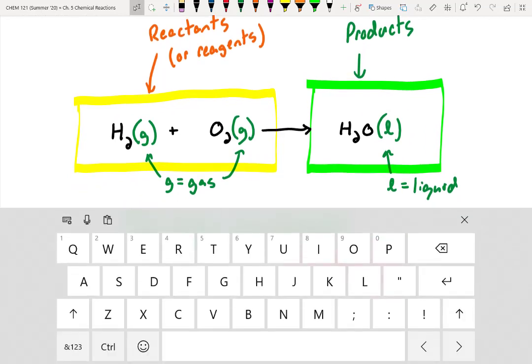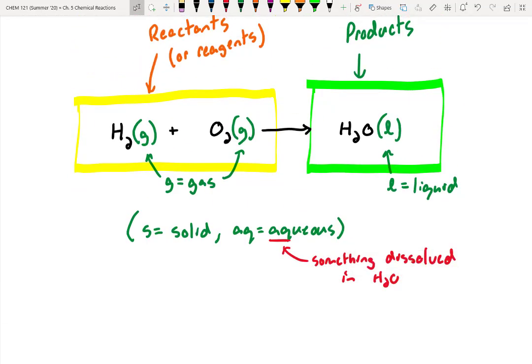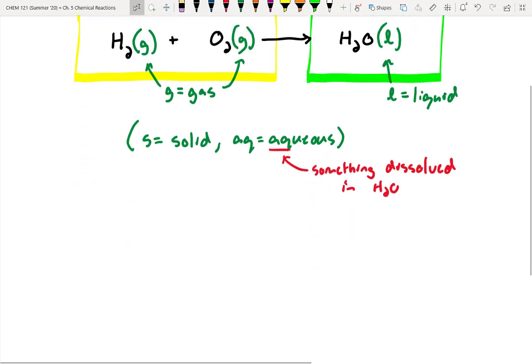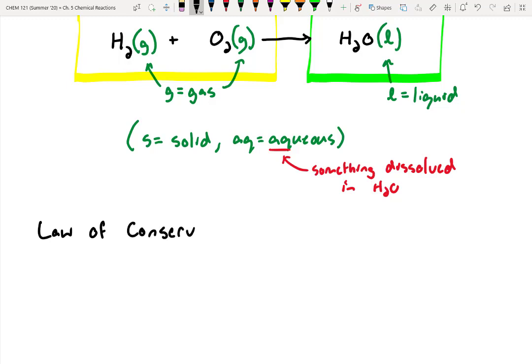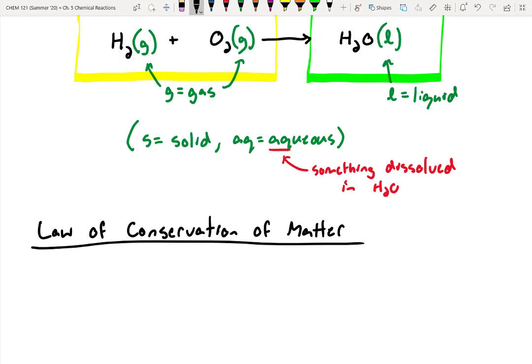All right, there's one other thing that we've talked about a little bit, but let's kind of redefine this, and I'm just going to write it out for you. This is the law of conservation of matter. And the law of conservation of matter makes a lot of sense.